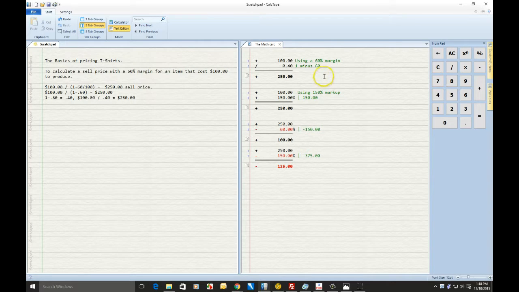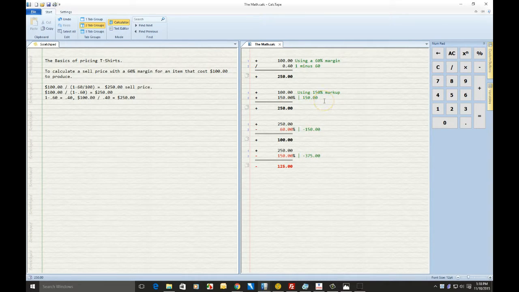If we go over here, we're going to look at this side up here. Here is our calculation using the margin, and we're using the 0.40. We're just taking it simplified in here. So we've got our $100 divided by 0.40, which is equal to 1 minus 60, and we get a $250 sale price.